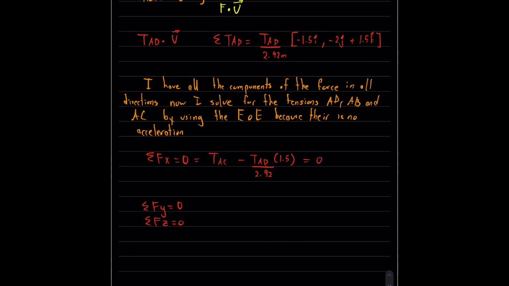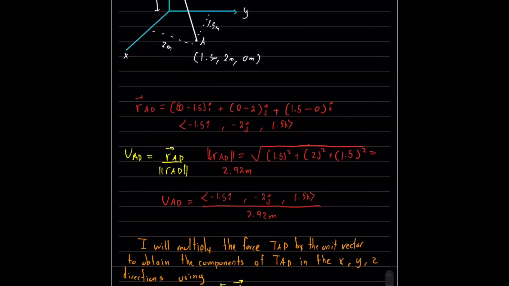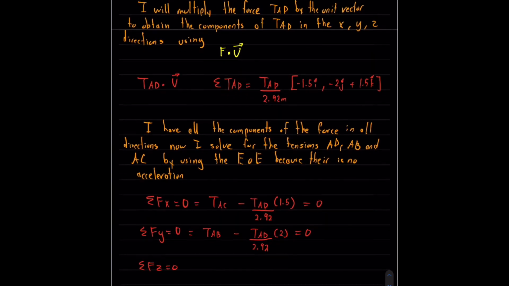Now for the forces in the Y. Tension AB exists in the Y, minus tension AD over 2.92 meters times 2. That will be equal to 0. And lastly, we have the forces in the Z direction.